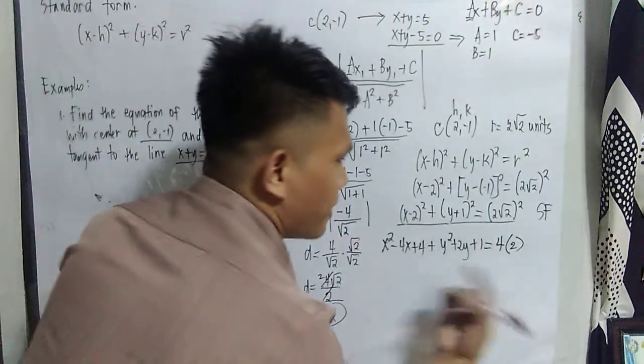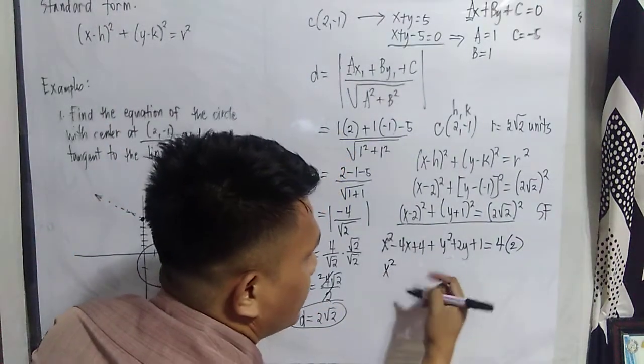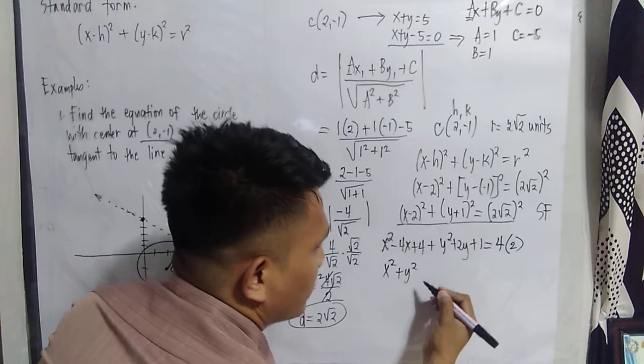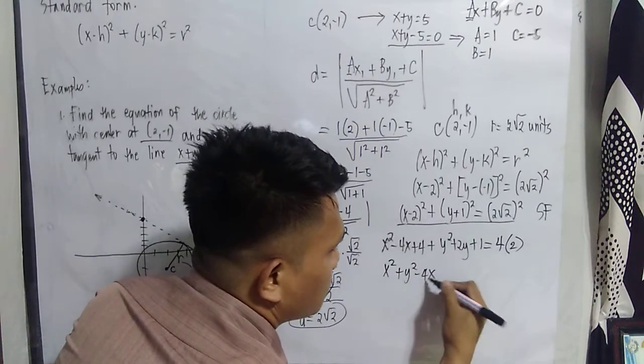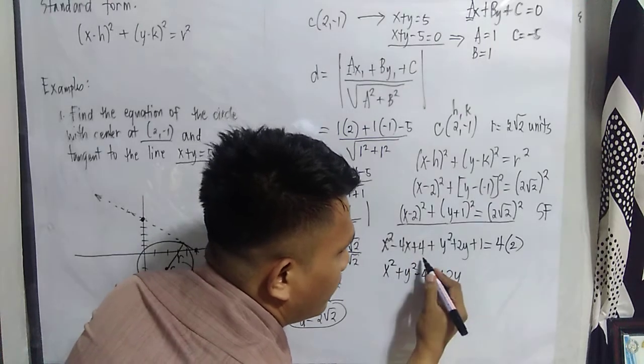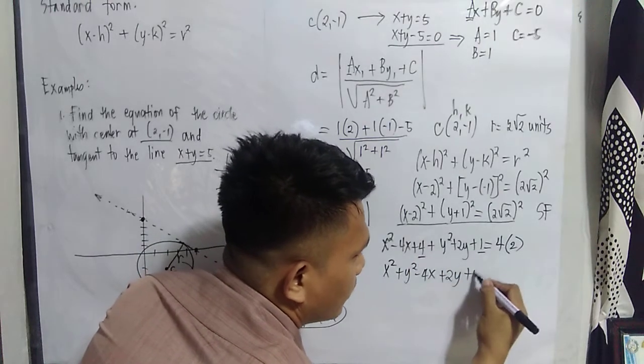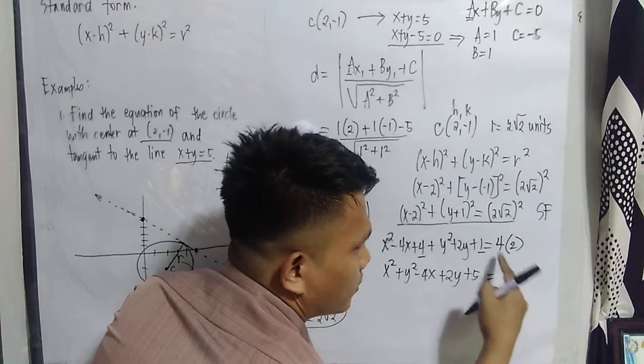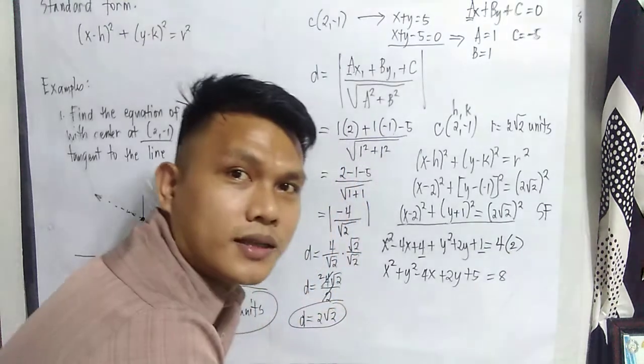Okay, so let us simplify. So we have x squared plus y squared minus 4x plus 2y. We have 4 plus 1 equals 5, which is equal to 4 times 2 equals 8.